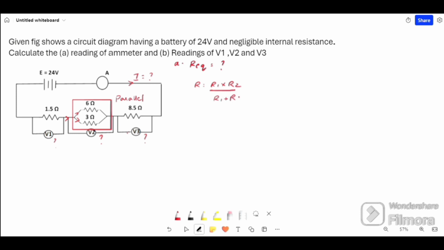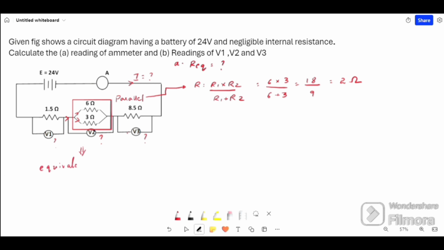So your R1 is 6 ohm, R2 is 3 ohm. Let's substitute the values in this formula. 6 into 3 divided by 6 plus 3, that is equivalent to 18 divided by 9, which is nothing but 2 ohm.